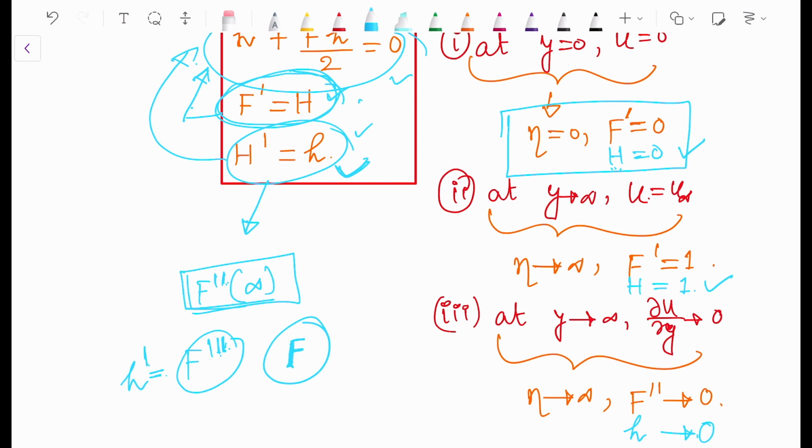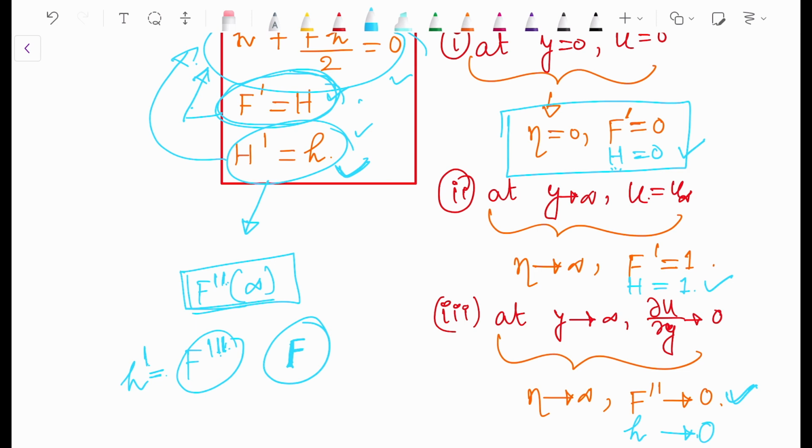The method is: you assume some f double dash of 0 because you have to initialize all these equations, then you can find f with these three ODEs, then you can find f double dash. If f double dash at infinity equals 0, which is what this boundary condition is saying, then you are done.